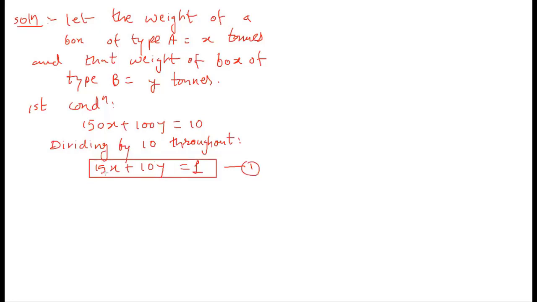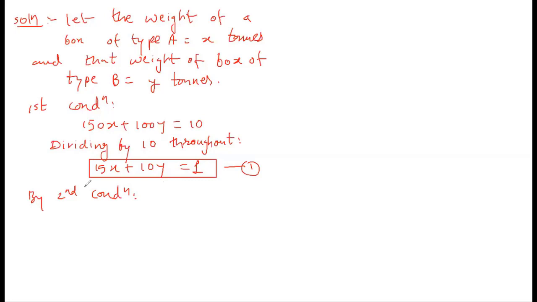Now, as per the second condition, when 260 boxes of type A are loaded in a truck, 260x will be its weight. It will still accommodate 40 boxes of B, so its weight becomes 40y, and the total weight is given as 10 tons.